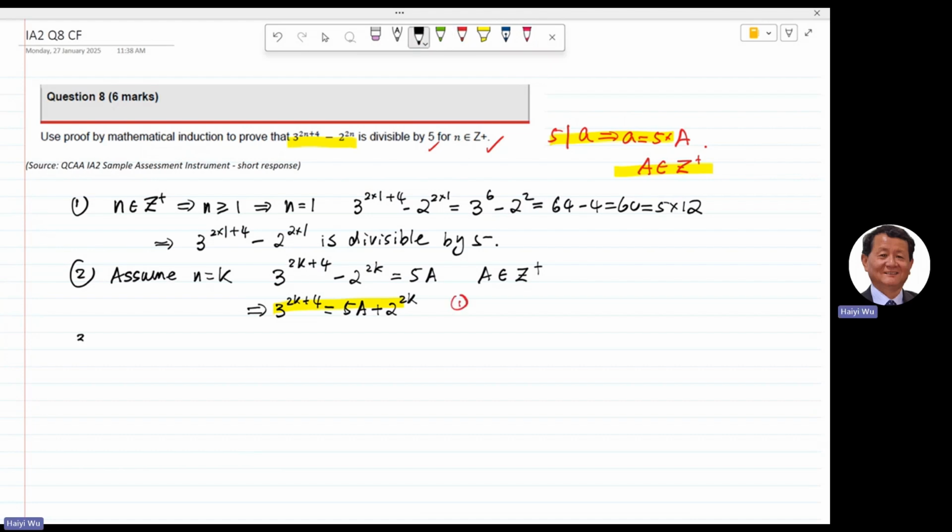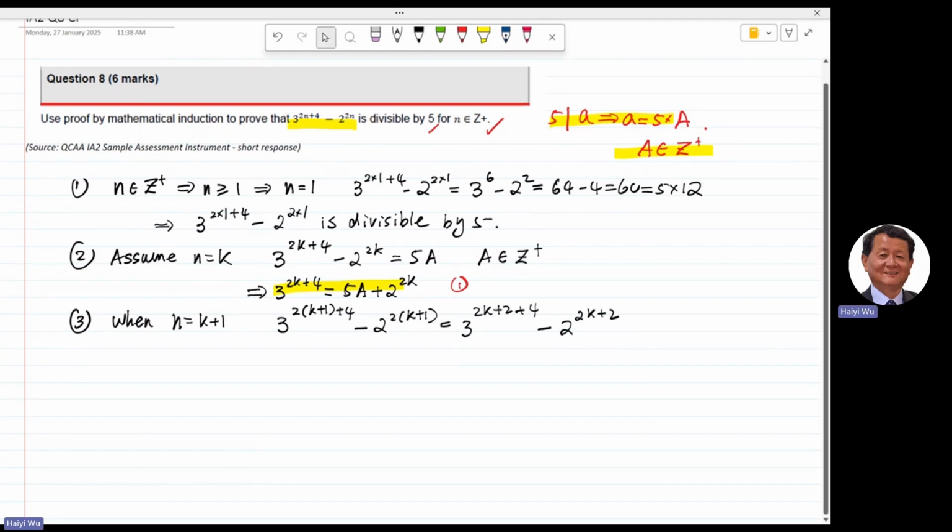Now step 3, which we call the inductive step. It means when n is the next value after k, which is k plus 1, the expression becomes 3 to the power of 2(k plus 1) plus 4 minus 2 to the power of 2(k plus 1). So we replace n with k plus 1. Expanding that bracket, 3 to the power of 2k plus 2 plus 4 minus 2 to the power of 2k plus 2.